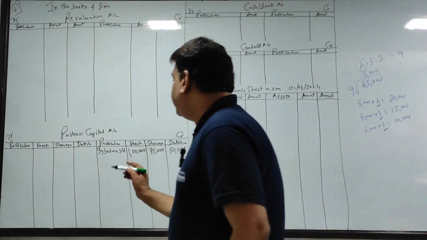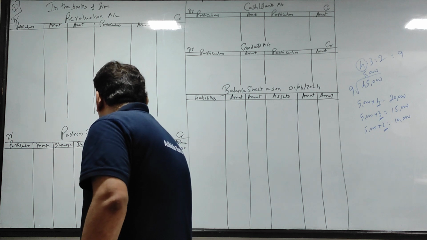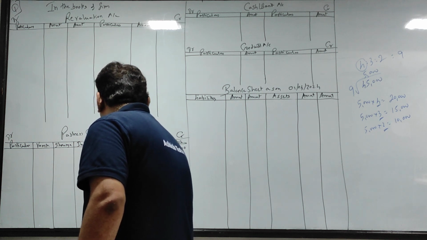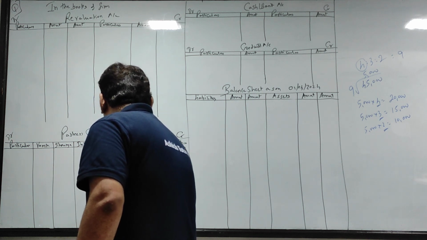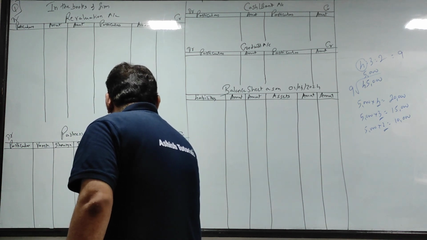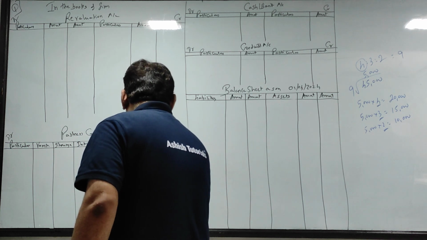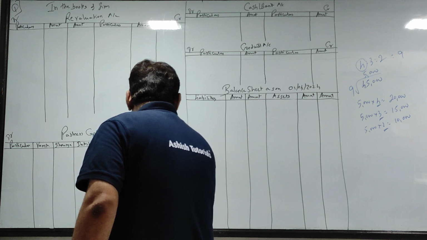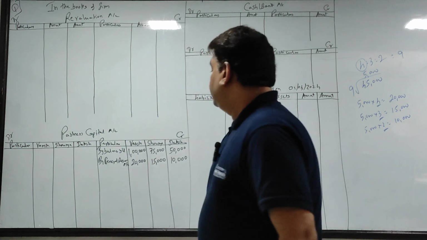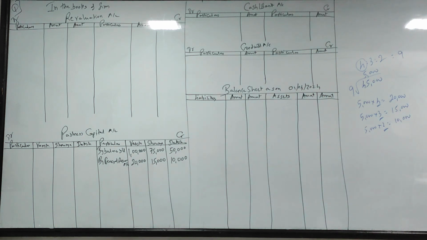Come to the credit side of capital. By general reserve account 20,000, 15,000 and 10,000.